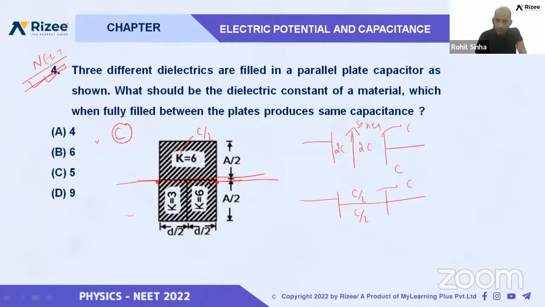Then we have cut it like this, that means C by 2 into 2, C by 2 into 2, like this.